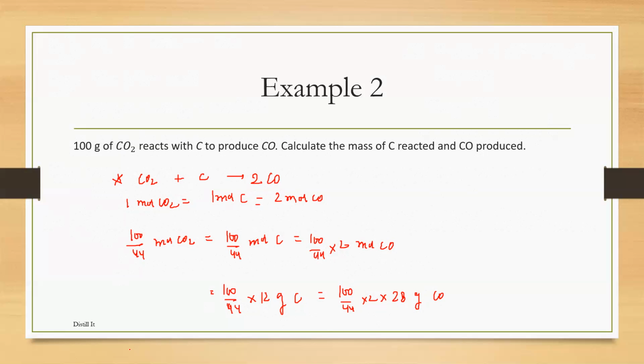So this is going to be equal to 27.273 grams of carbon, which is equal to 127.27 grams of carbon monoxide. All right. So that is the answer: 27.273 grams of carbon and 127.27 grams of carbon monoxide. All right.